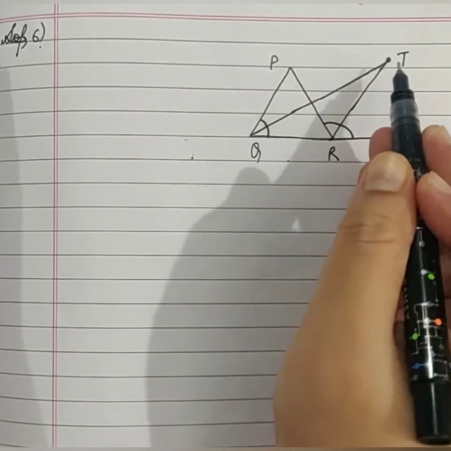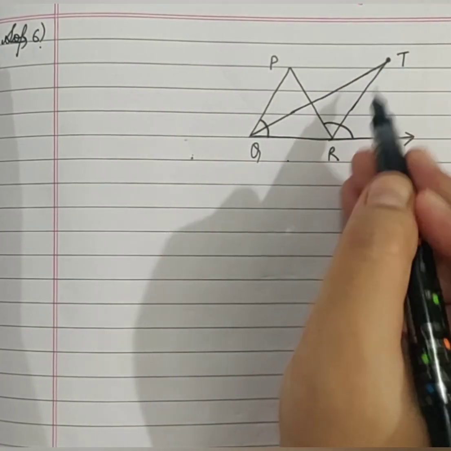If the bisectors, I'm talking about QT and RT.